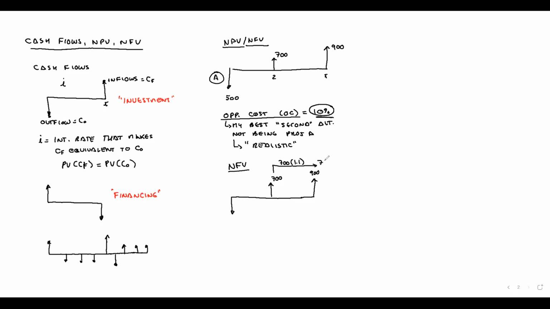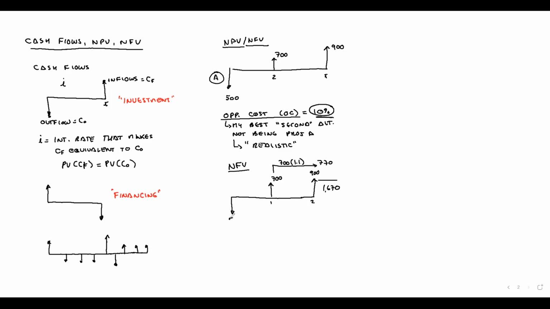So I obtain 770. So at the end of the 2 years, if I do this project, how much money do I have? I will have 770 plus 900. So I will end up with $1,670.